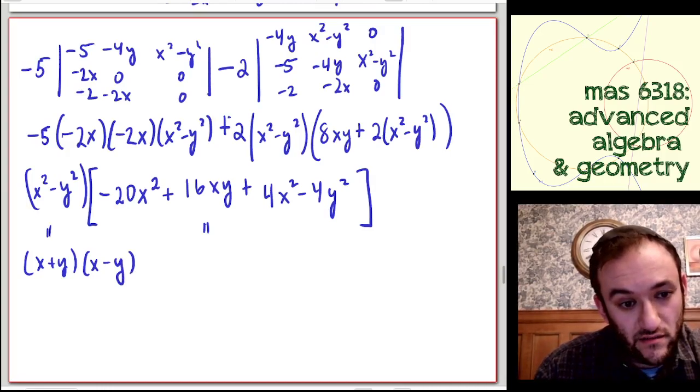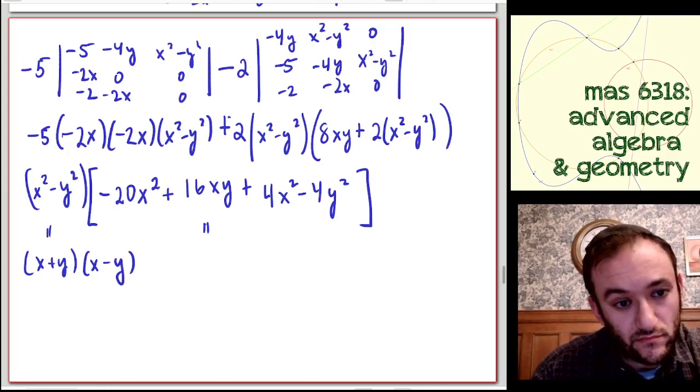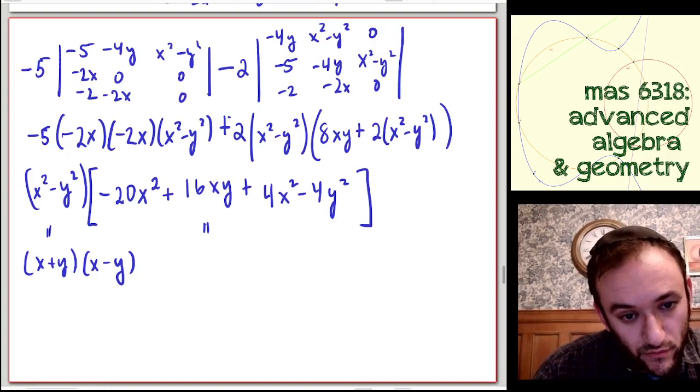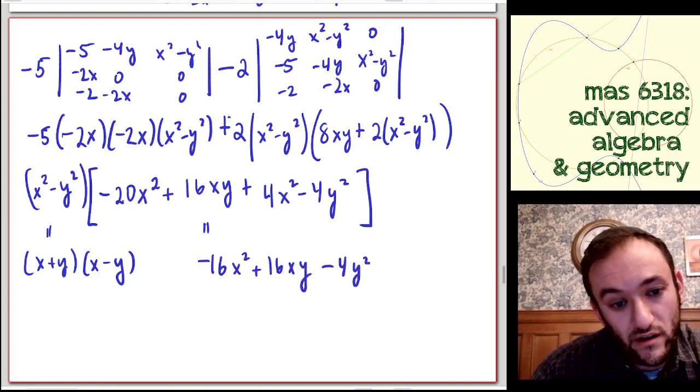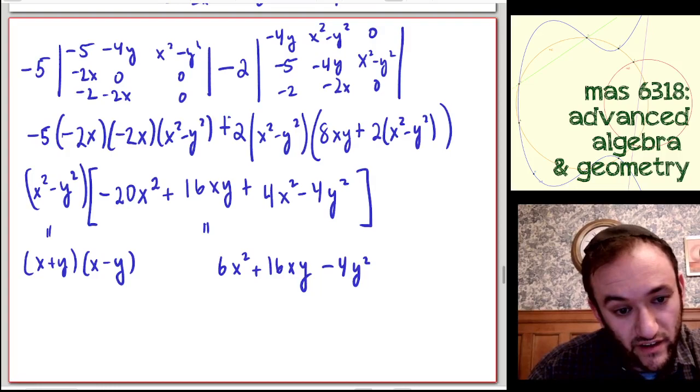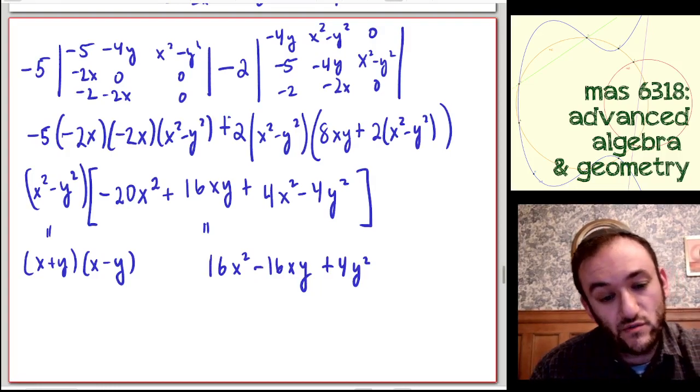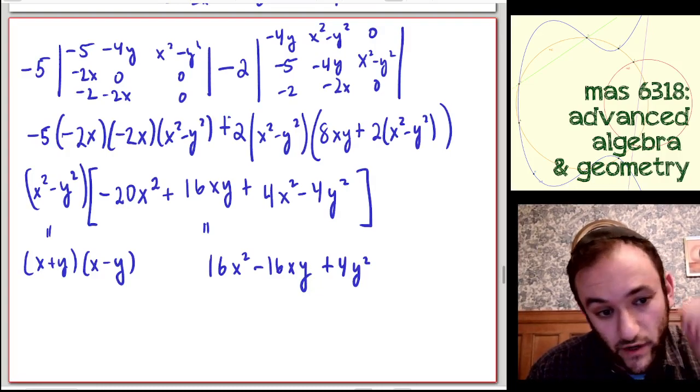And this factors as, well, first let's simplify. So we have minus 16x squared plus 16xy minus 4y squared. So let's take out a minus sign. That won't affect things. So we have 16x squared minus 16xy plus 4y squared.